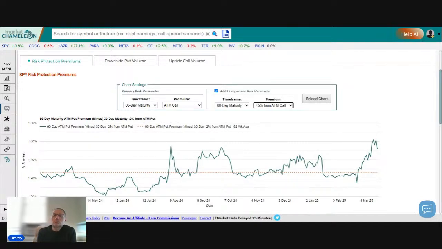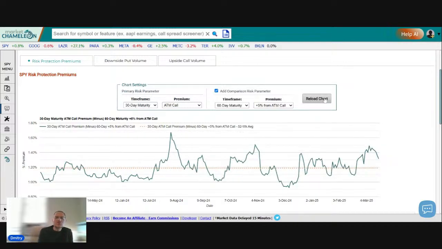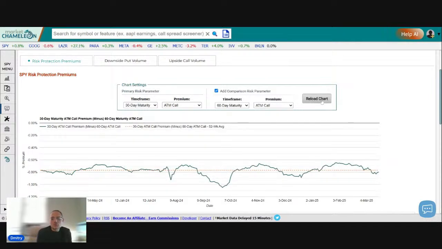So let's see how that would look. I'm going to reload. You can see here the cost of that right now is 1.3% versus 1.9. Okay, just to show you what an at the money would look like: with an at the money, buying a 30-day call and selling a 60-day, you're getting a credit, right?